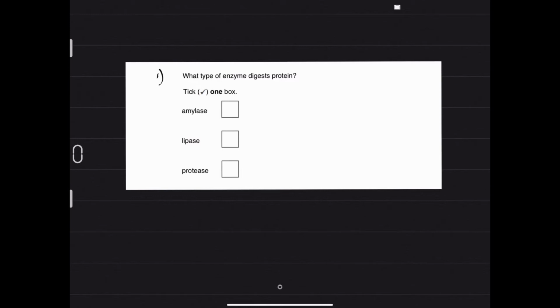You've got an option of amylase, lipase, or protease. So we're just doing a quick pause here, quick feedback of your understanding. Type back question 1 and the correct answer.